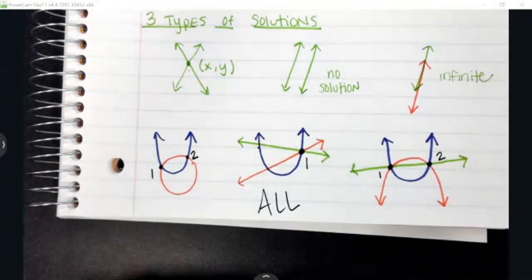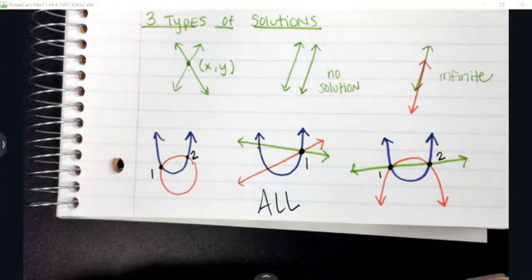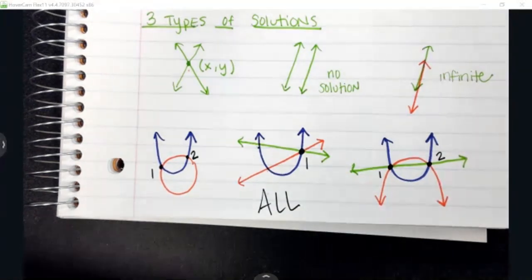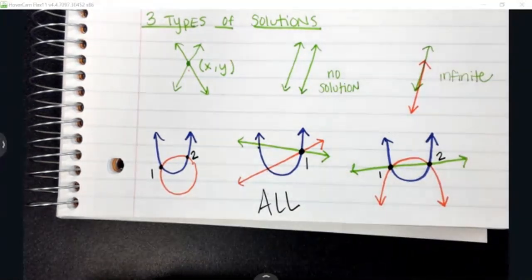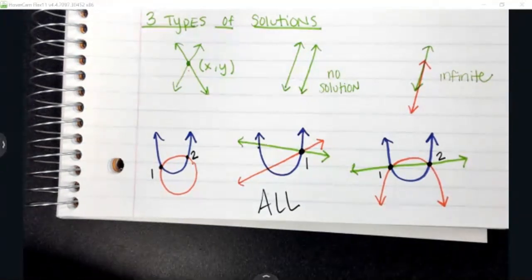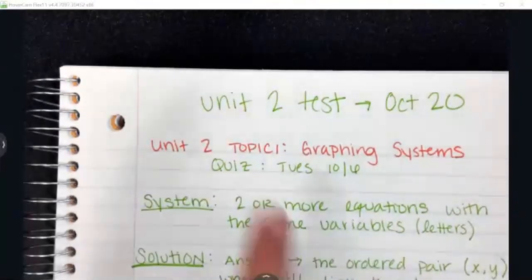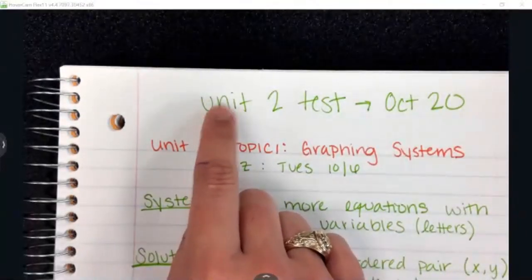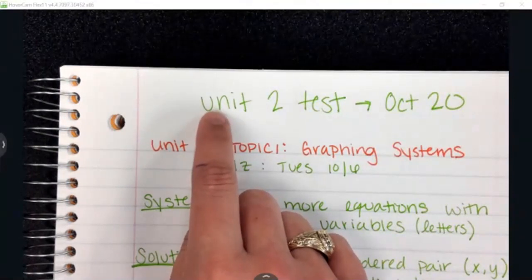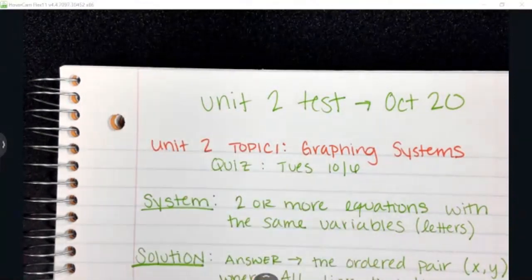So here's what we're going to do today. We are going to do a class kick. Remember, your class kick is not like you sign up. You just go to student login, okay? Don't close your spirals yet, because it'd be a very smart idea if at the top you write what your class kick code is, because it's going to be the same code for all of Unit 2.